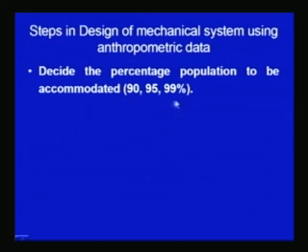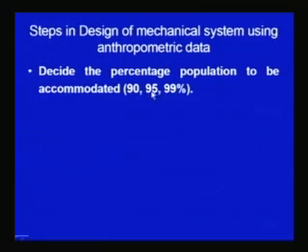The adjustable range is decided in such a way whether 95 percentile of the people will be covered, or 90 percentile, or 99 percentile by a given adjustable range. It becomes uneconomical to design a mechanical system covering the 100% range of the people with a wide variety of anthropometric data.